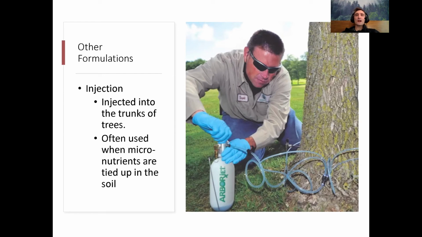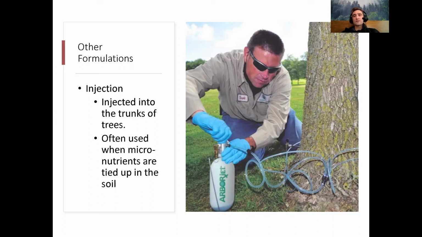This would not be practical on a regular sort of maintenance fertilization, but if you are trying to take care of a sick tree that is suffering from oftentimes pests and diseases, if you come in and give it an injection of all the minerals it needs, oftentimes that helps the tree to perk up and fight off the pest itself.